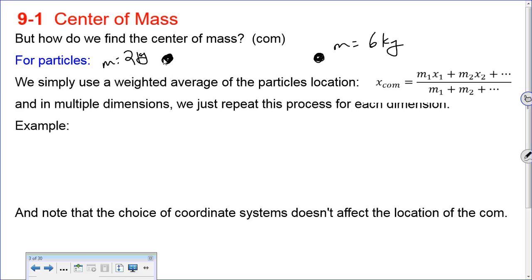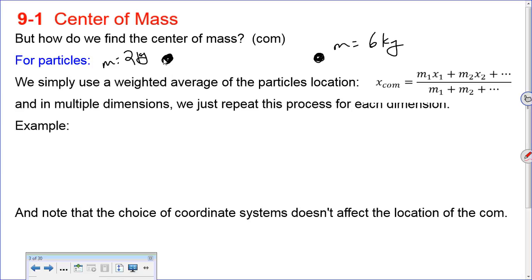The way that you do it is you set up a coordinate system, a number system, and you use this equation right here. You multiply the mass of each of your particles by the position of those particles, and then divide by the total mass. So continuing with this example, we'd set up a number line.